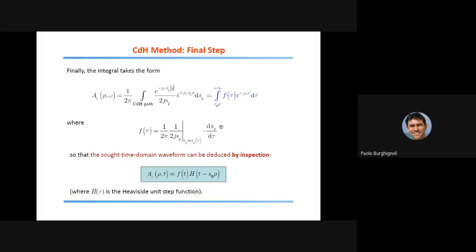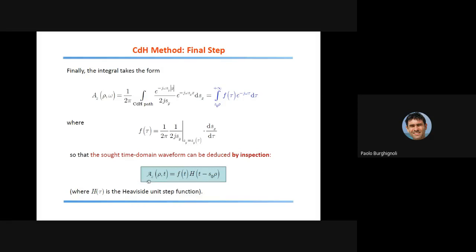And then by inspection, you can conclude that the inverse Fourier transform of the left-hand side must be the function f of t, of course, multiplied by the unit step function, the so-called Heaviside unit step function. That is because your integration limits go from this time here, the wavefront arrival time, S0 rho, to plus infinity.